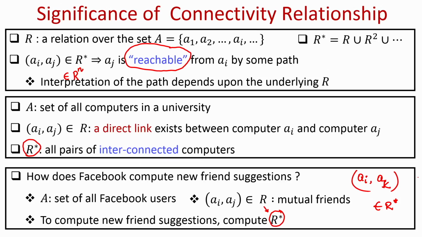That means, in terms of a graph theoretic property, there is a path of some length from A_i to A_k, right.